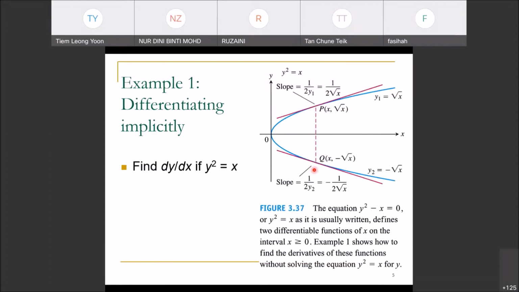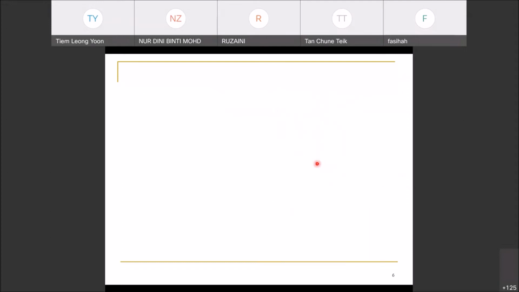So what I'm trying to show you is that this is the original function, our original curve of y squared equals x, and dy dx is equal to plus or minus a half over the square root of x. This is the positive slope, this is a negative slope. Okay, so that is how you could visualize the derivative of this curve. That is quite a straightforward application.